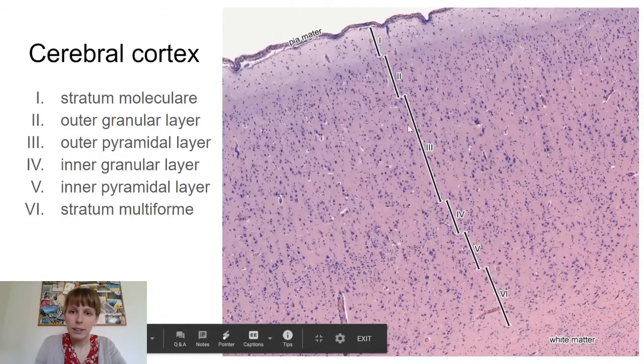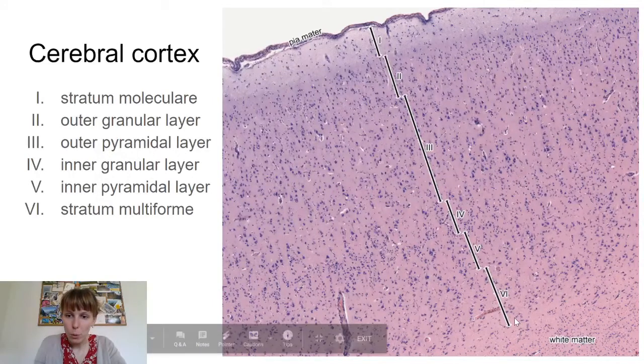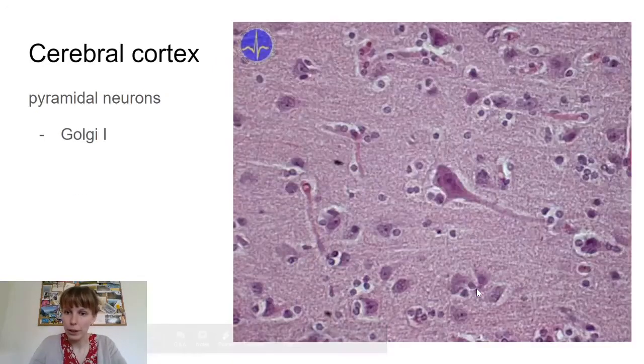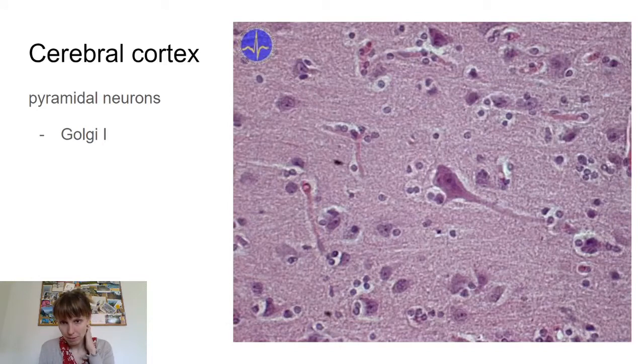And inside the cortex, what is important on higher magnifications, you should be able to find the pyramidal cells. There are two layers where you can find them. So if we go through the cortex, we will for sure find something like this. On high magnification of the hematoxylin eosin slide, you will see many cells, because in the gray matter you mostly have cell bodies, and of course the dendrites and everything.